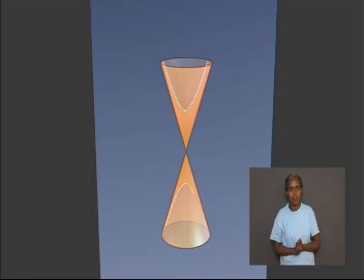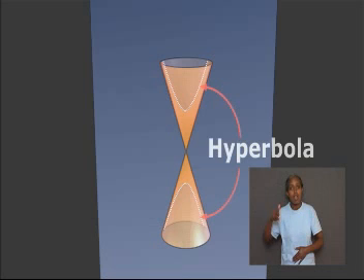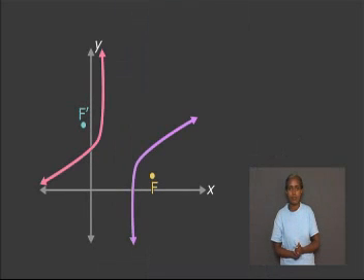In order to form a mathematical definition of a hyperbola, let us begin by learning some terminologies. In this diagram, F and F prime are two fixed points called foci.